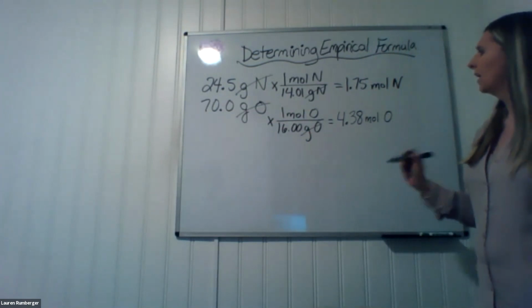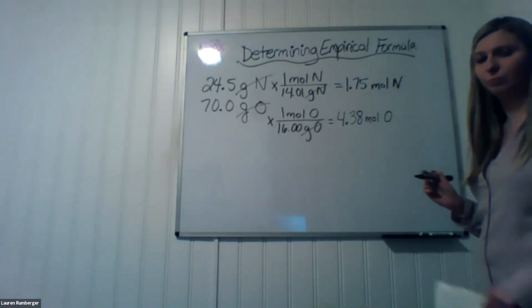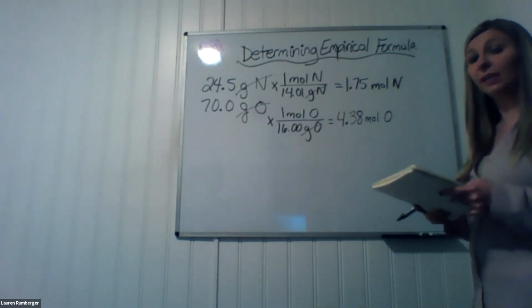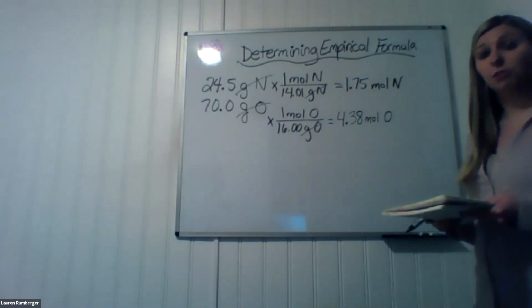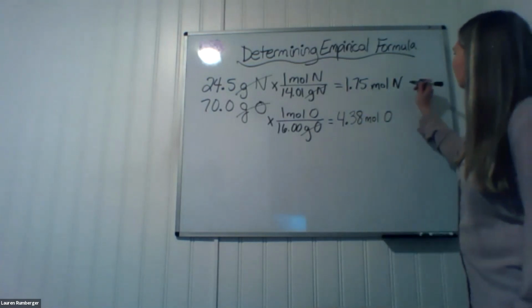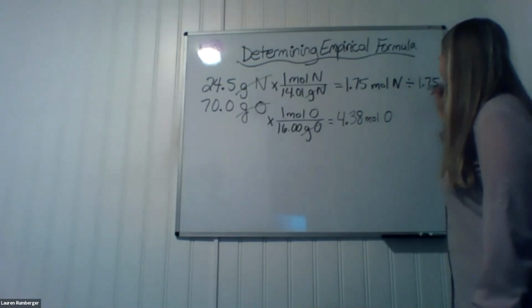Okay, so now we know the amount of moles within the compound of each element. Now we want to determine a whole number ratio between the elements. So we divide by the smallest number, which in this case is the 1.75. So we're going to divide both by 1.75.